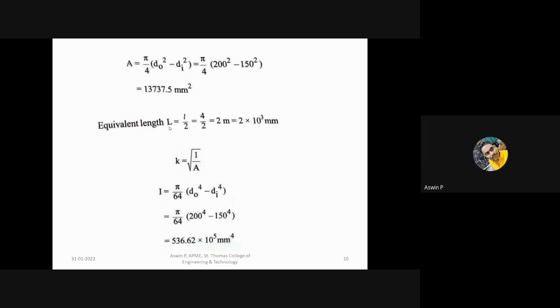So you need to substitute the values, that is dO is 200 and dI is 150. 200 raised to 4 minus 150 raised to 4. So calculate the value. Do it yourself, don't copy the values.